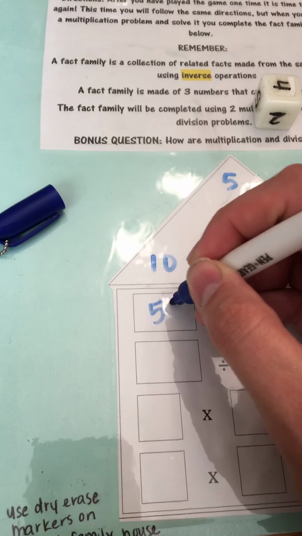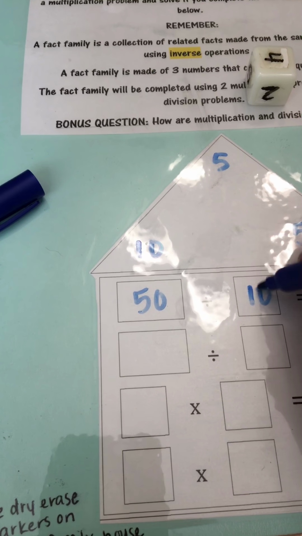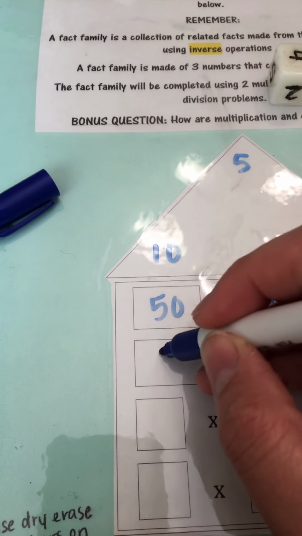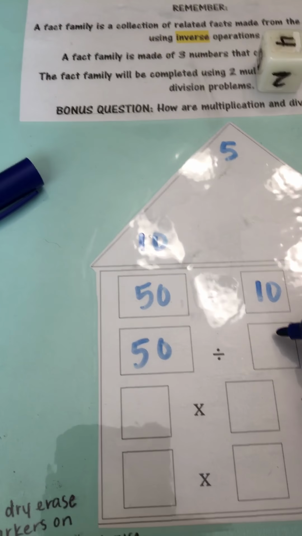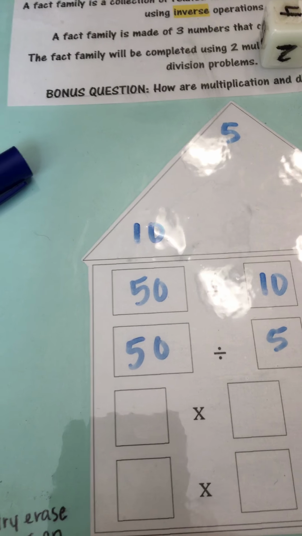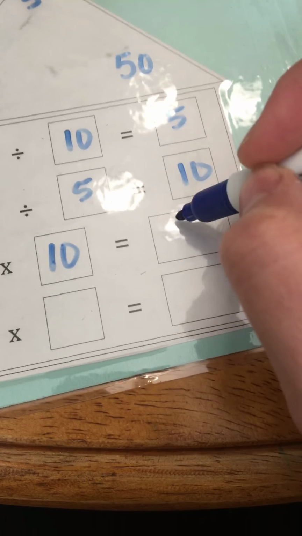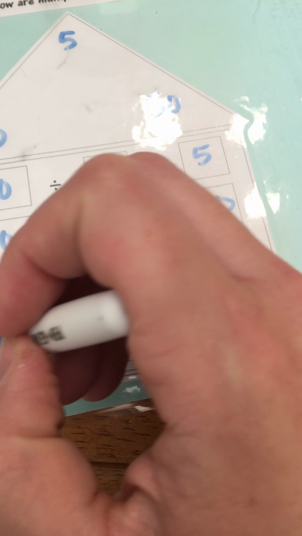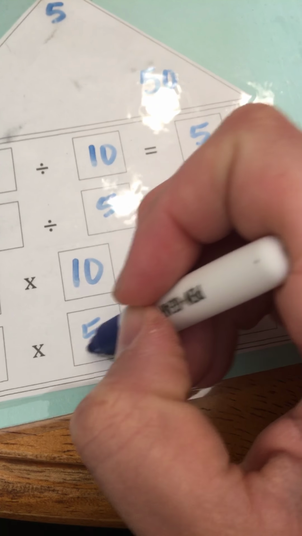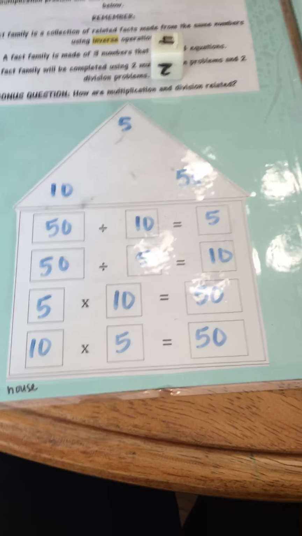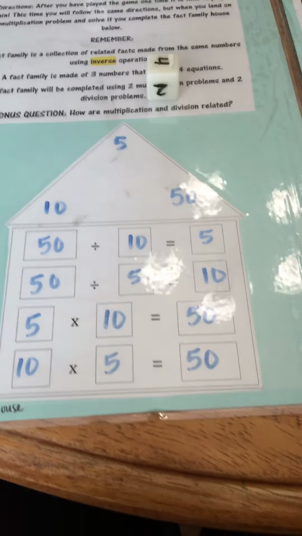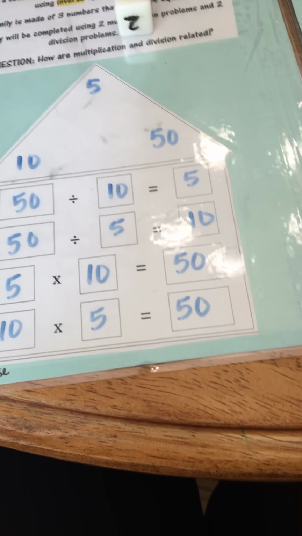So 50. And obviously a student probably wouldn't be able to solve it that quick, but it would give them a chance to work on their fact families and just take this game one step further here.